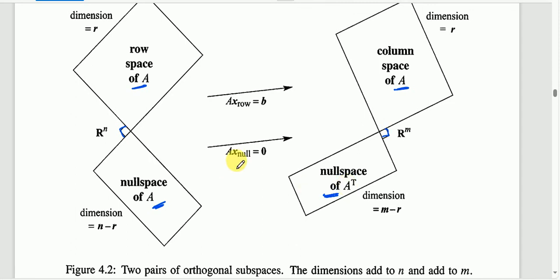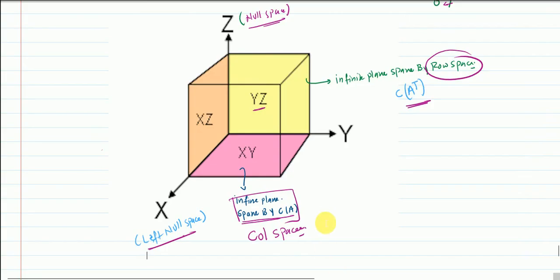Now we have solved a specific example, right? Now let's look at the picture. Are we justifying the theorem or not? This is our column space, and according to our theorem, the left null space should be perpendicular to our column space.